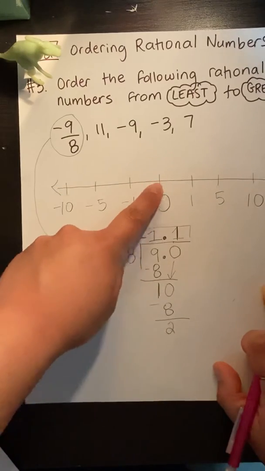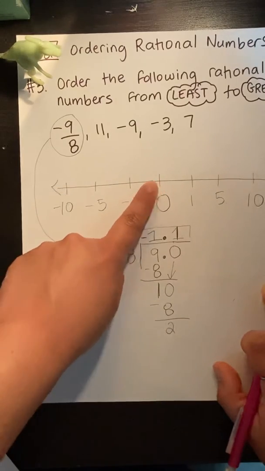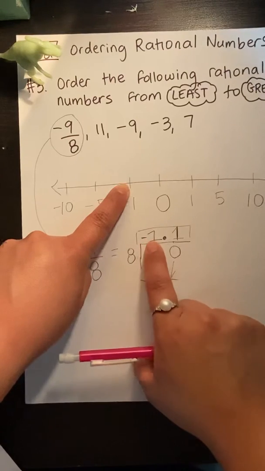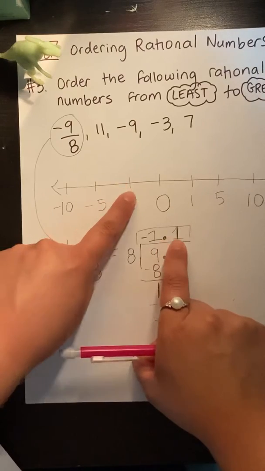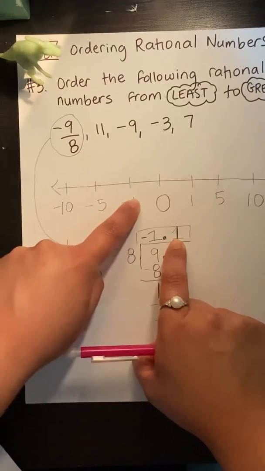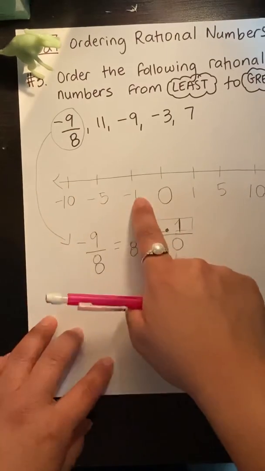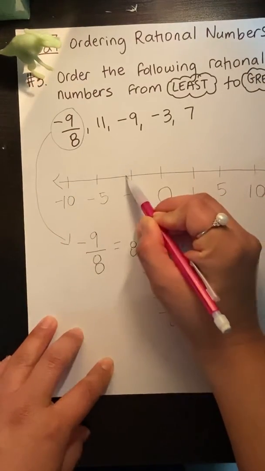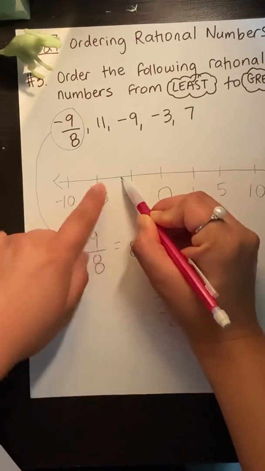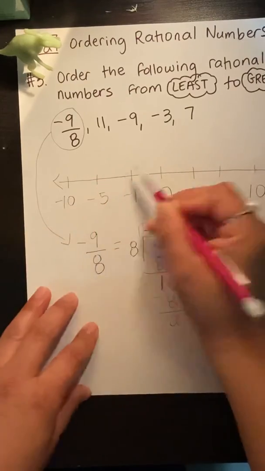So I start at 0, and I'm moving to the left because this number is negative. It's -1.1. So I know it's going to be further to the left of -1. I reach -1, and I'm going to move a little further left, but not too much, not passing -5.